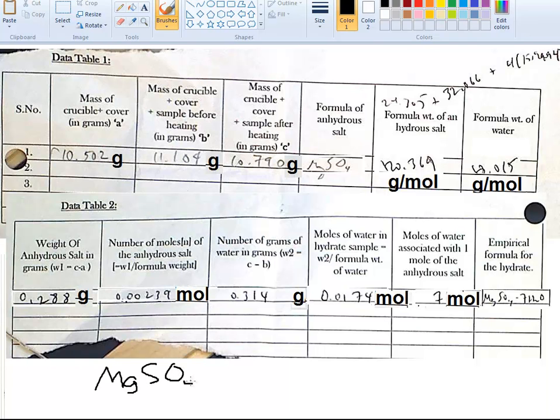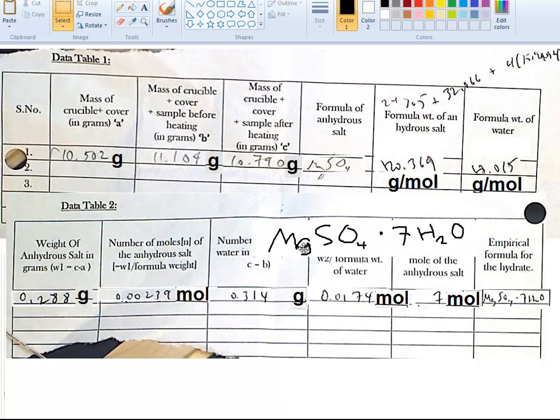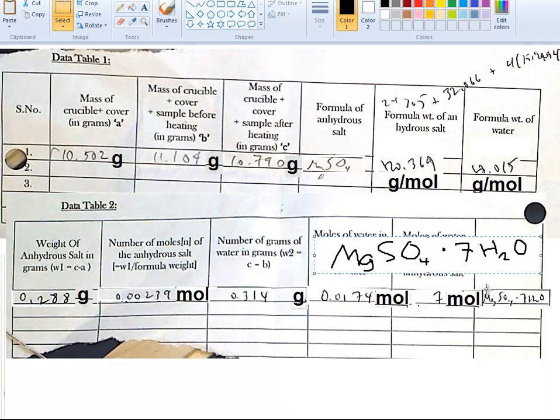I'll raise this up so it's more visible after I finish writing it. Dot 7H2O. So you notice, I'll raise this up for you now. Here it is. What I have written here, and it's a little illegible there, sorry, is MgSO4 dot 7H2O.